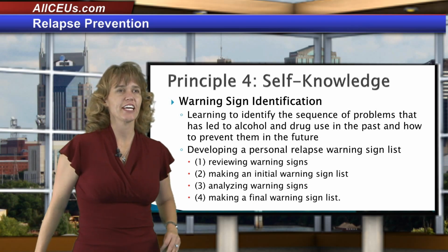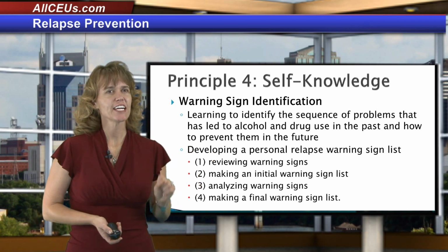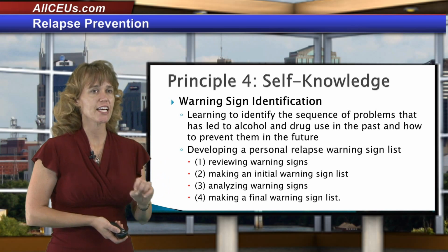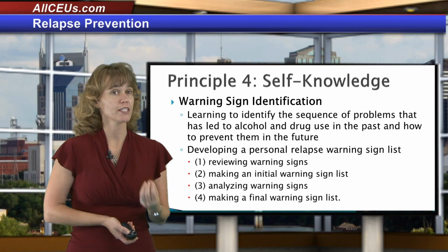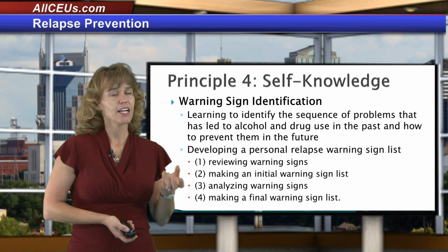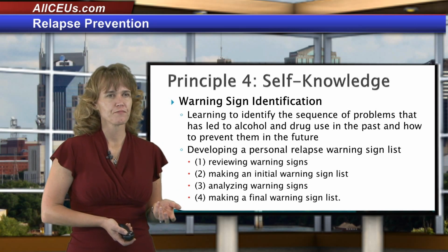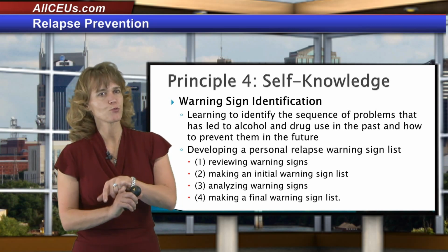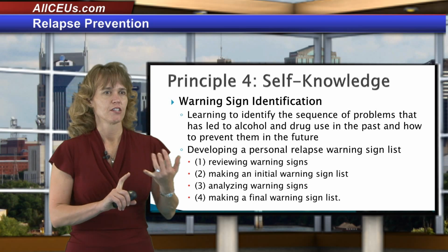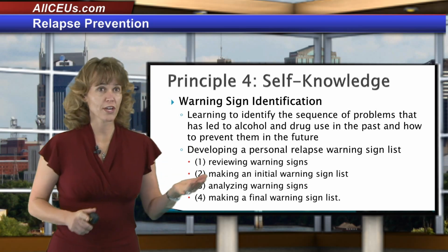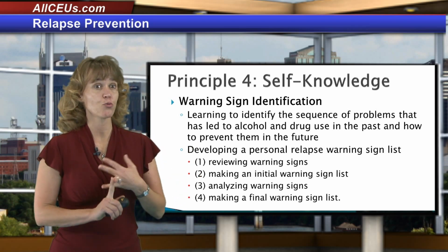Warning sign identification, self-knowledge. Identify the sequence of problems that's led to alcohol or drug use or mental health issues in the past and how to prevent them in the future. Develop a personal relapse warning sign list. Review the warning signs that you know of and make an initial warning sign list.